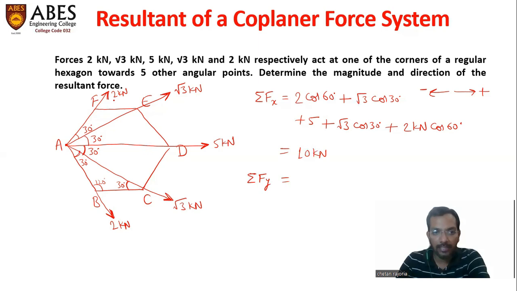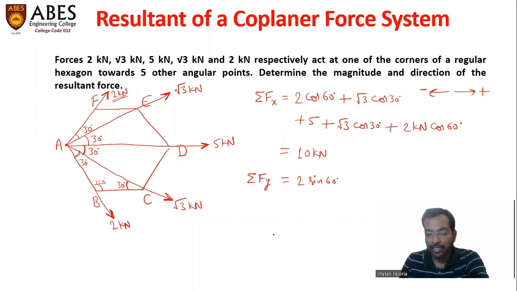So let's consider the first force, 2 kilonewton. The vertical component becomes 2 sine 60 degree, because in the horizontal components calculation we had taken cos 60. Therefore, now we will consider sine 60, the second resolved part.